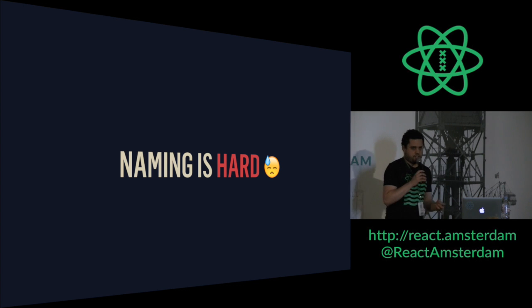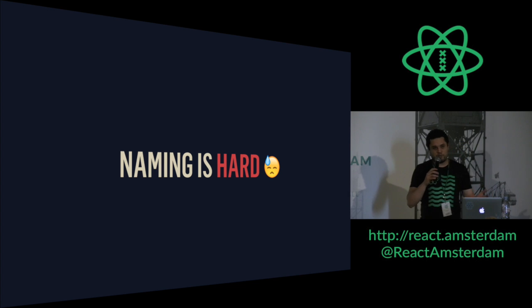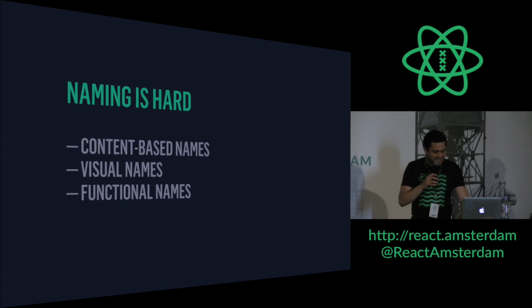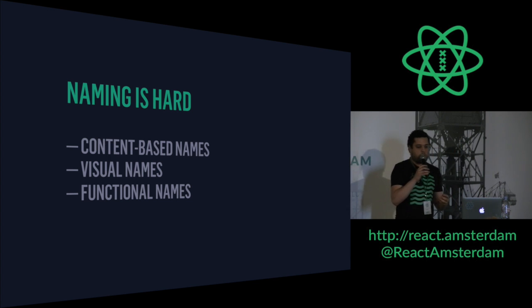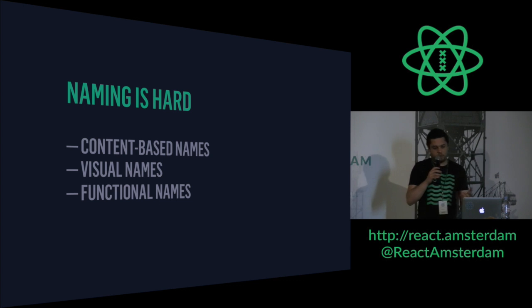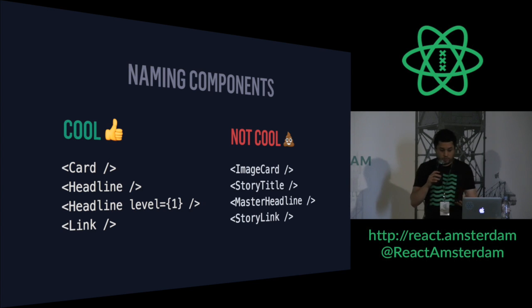And then we come to naming. That is really hard, and for me it's really hard. I really suck at naming. Sometimes I don't start a side project because I don't know how to call it. I just get stuck, you know. But there are three things that help me come up with a good name. I always think about whether it is a content based, a visual element, or a functional element.